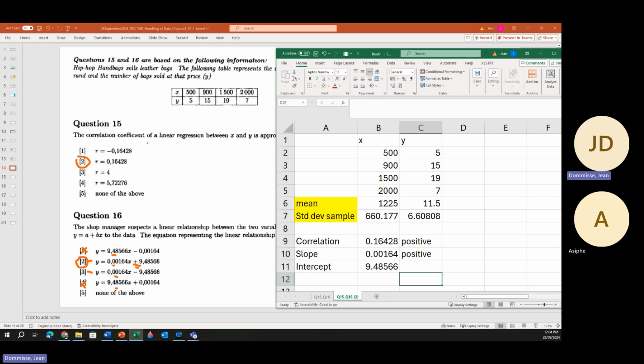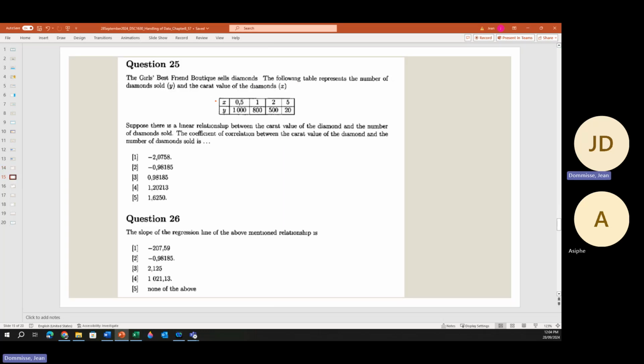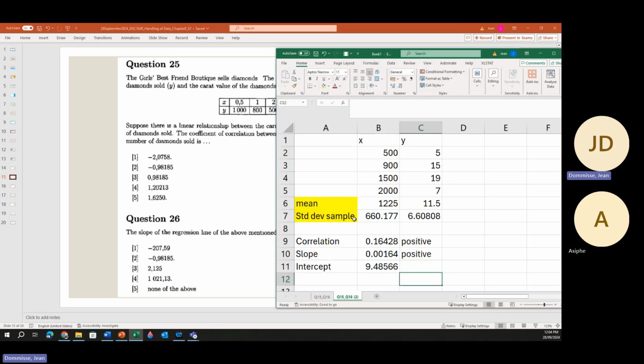Okay, what I want to show more is the same type of questions, but the data is a bit different. We can still use the same spreadsheet and see what we can change in the data.